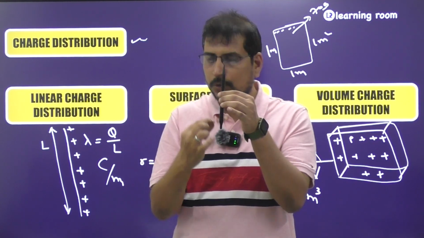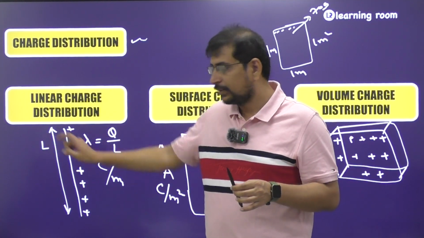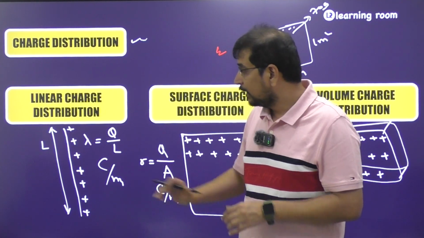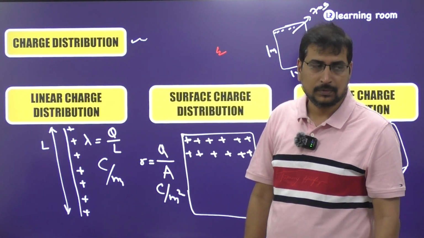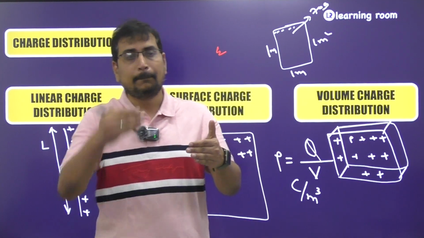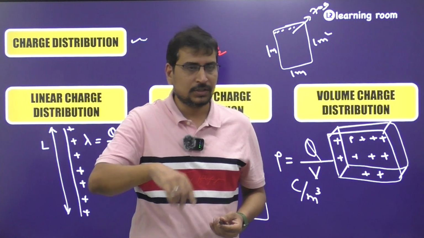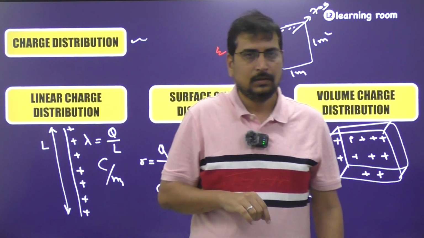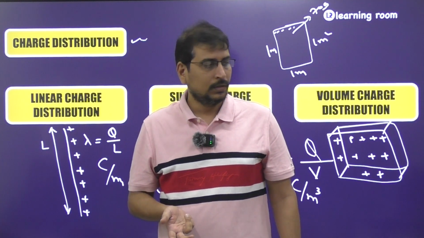Let me say the length of this material is L, and the sum of all these point charges put together is capital Q. If you define the total charge per unit length, you divide the total charge by L, so Q by L. How are we supposed to state it?